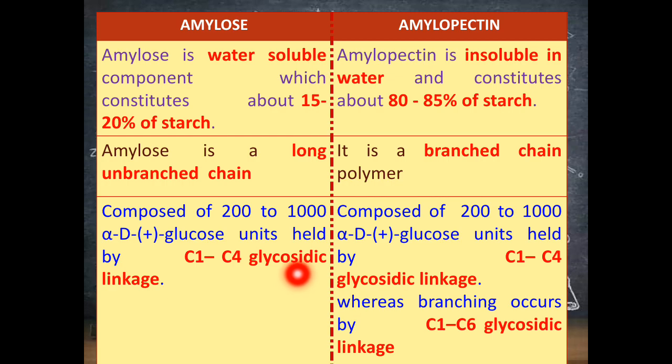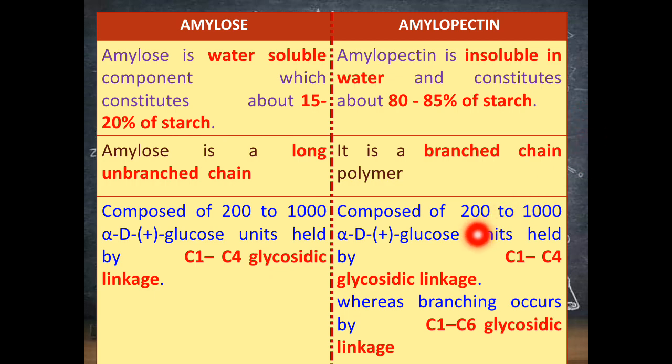This we have discussed in the previous class. The two monosaccharides are held together by a glycoside linkage. In amylose, the glycoside linkage is present between C1 and C4. That means C1 of one glucose links with C4 of another glucose unit. Therefore, we see a C1 C4 glycoside linkage in the amylose component.